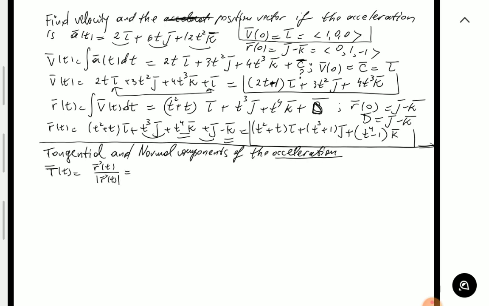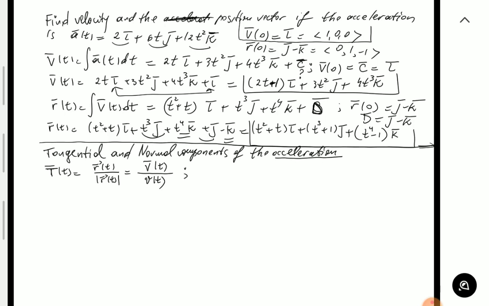But with the notations related to the motion in space, this is nothing but the velocity vector divided, or that is to say scalar multiple, by 1 over its speed. Remember that script v of t is not the velocity, it's the speed. Script v of t is the notation for the speed. So 1 over the speed, scalar multiple v of t.